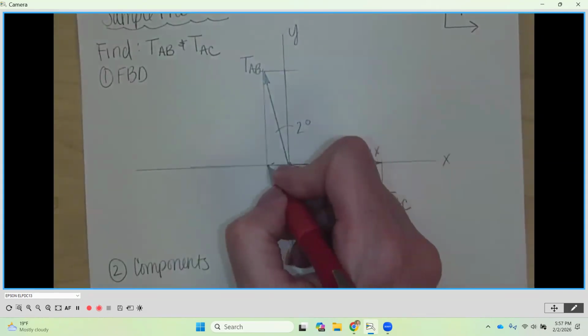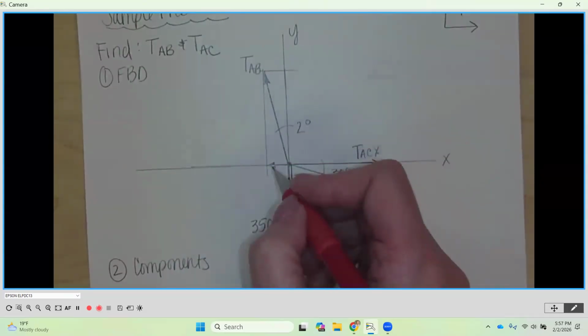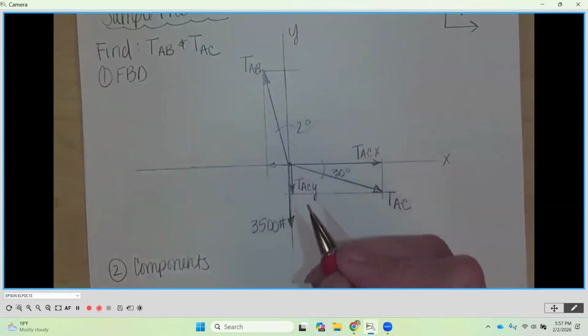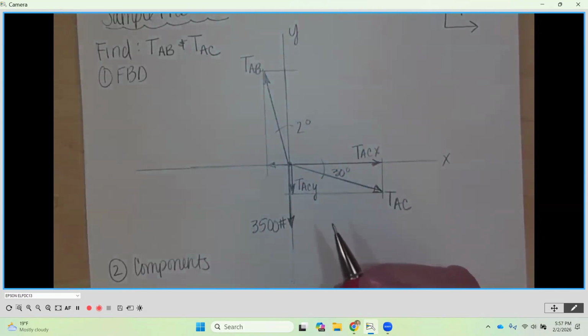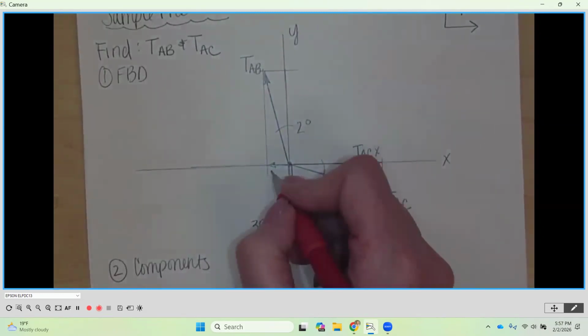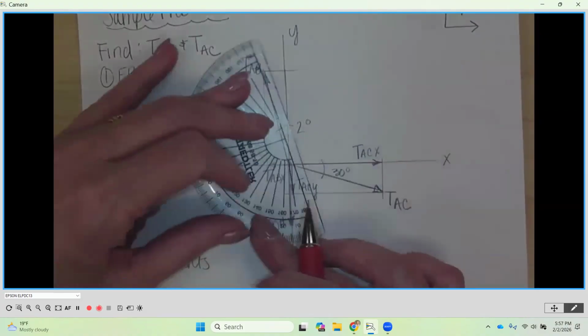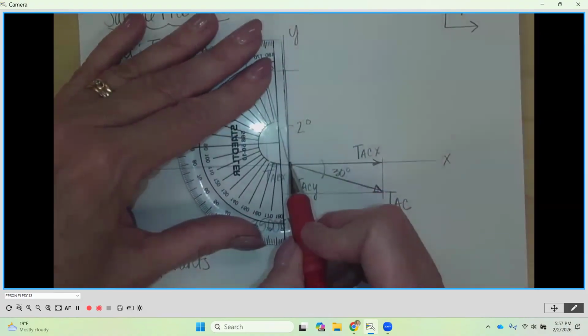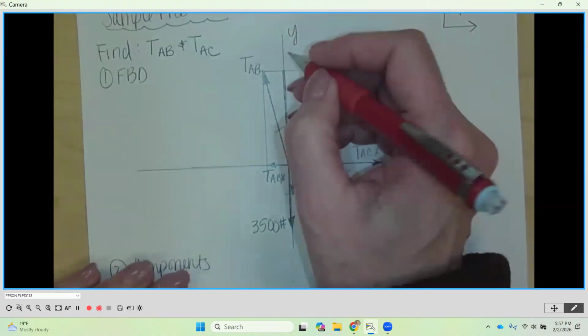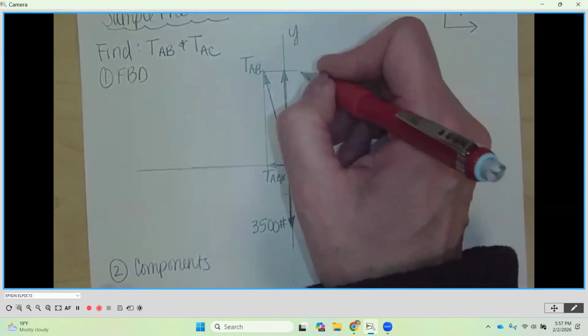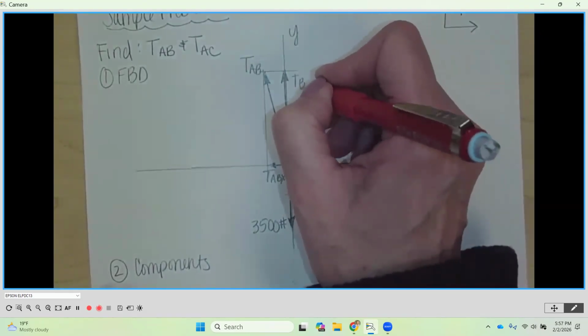Now, you don't have to use a straight edge, but when you don't, your lines have to be straight. You can sketch them if you're really good at freehand sketching. Otherwise, it's really easy to get a straight edge in there so that it represents it well and looks nice.